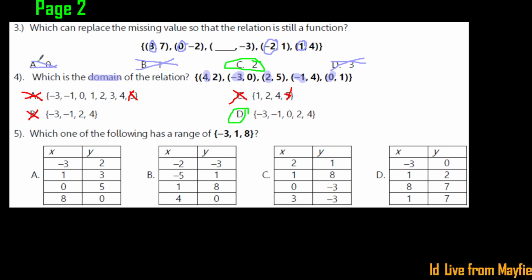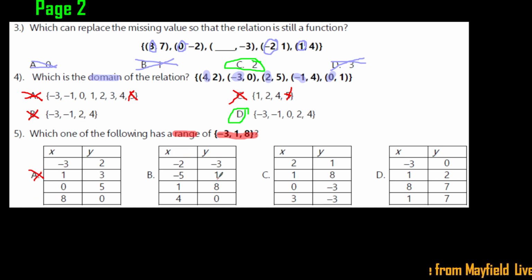For the fifth one, it says which one of the following has a range of -3, 1, and positive 8. So we're saying this is the range for here. So we know we're looking at mainly just the y values. So it cannot be this one.